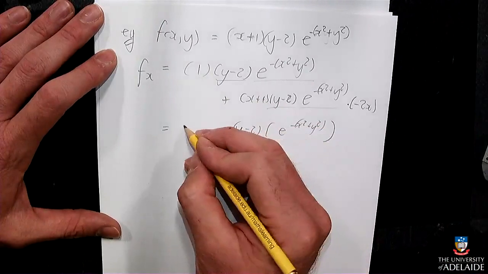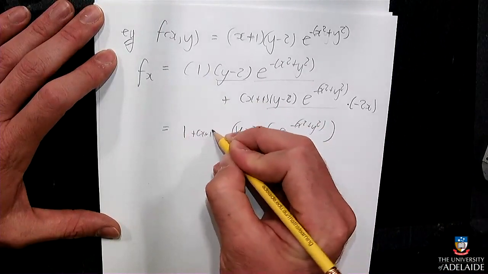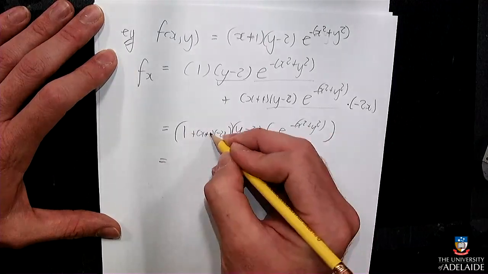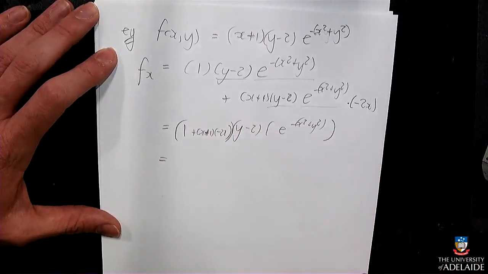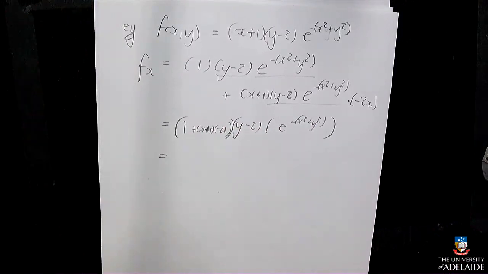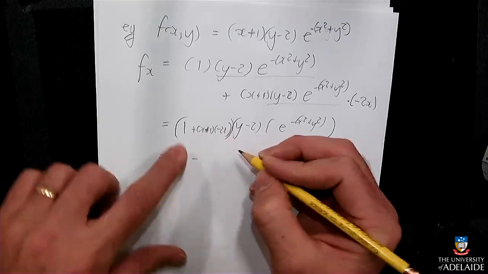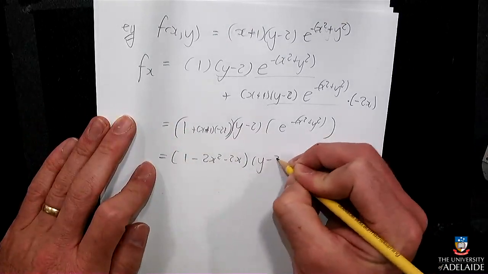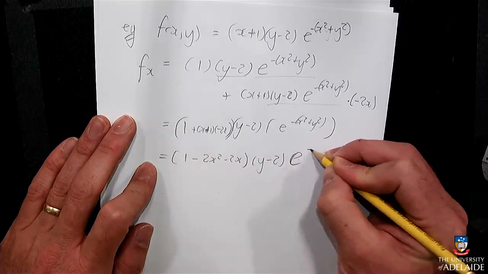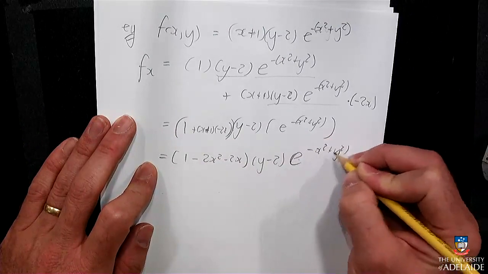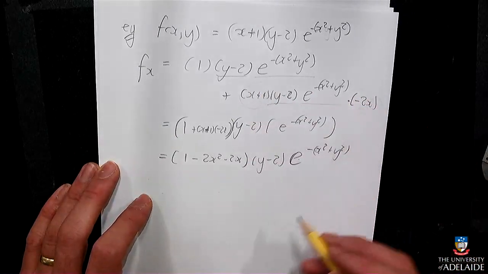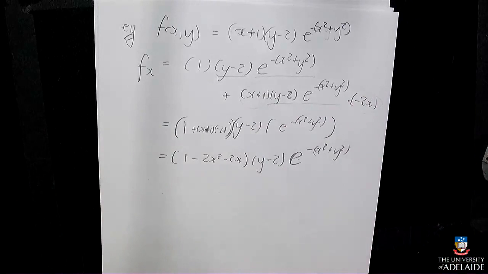A 1 and an x plus 1 times minus 2x. Okay. Yep. So 1 minus 2x squared minus 2x. I think that's right. Yep. Okay. That's the x derivative.